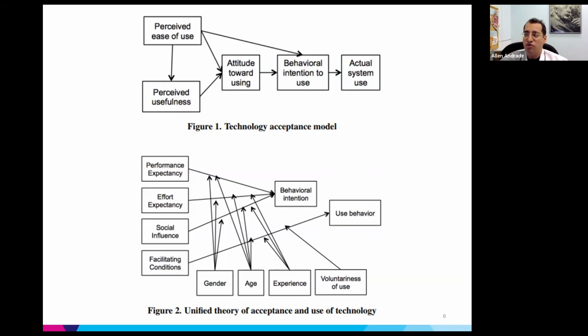Fast forward into the 2000s, another branch or modified version of the technology acceptance model is the unified theory of acceptance and use of technology.